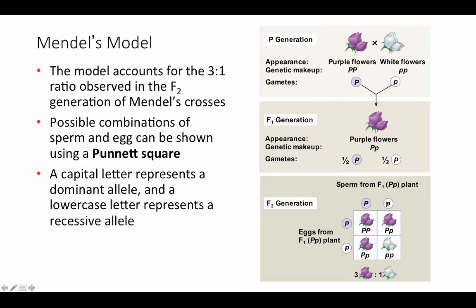And this one got a little p from the father and a little p from the mother. So if we look at the phenotype, the physical appearance of these F2s, 3 of them are going to have the purple phenotype, even though they have different combinations of alleles. And one of them is going to have that white phenotype, giving you that 3-to-1 ratio.